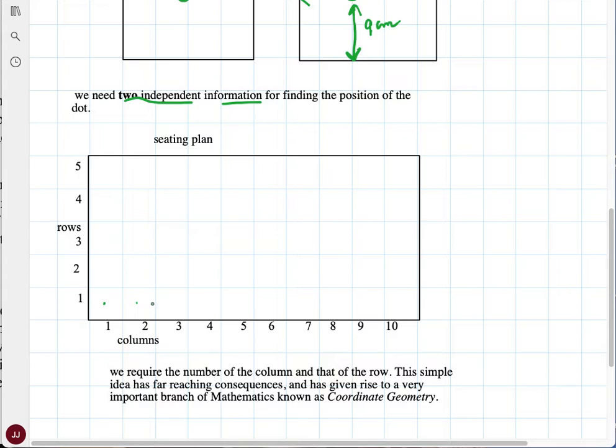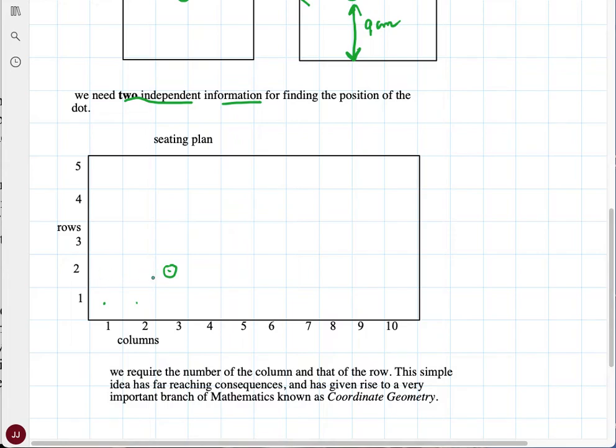Now we can find the position of the student in the classroom by describing precisely two independent pieces of information. Suppose you want to know the position of a particular student, we're going to segregate based on rows and columns.